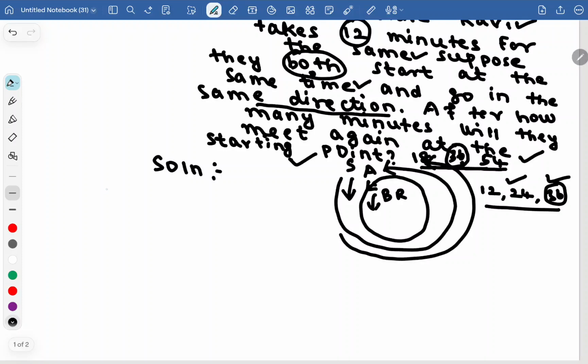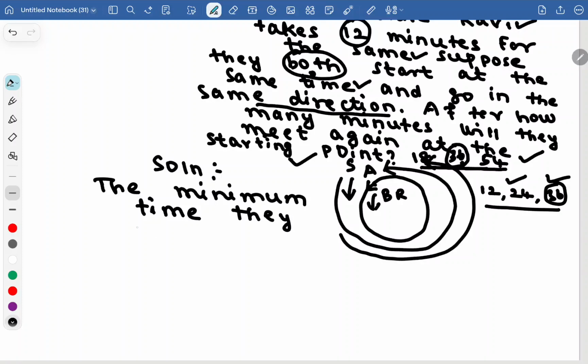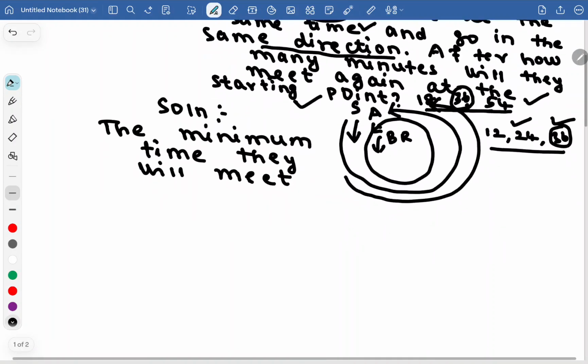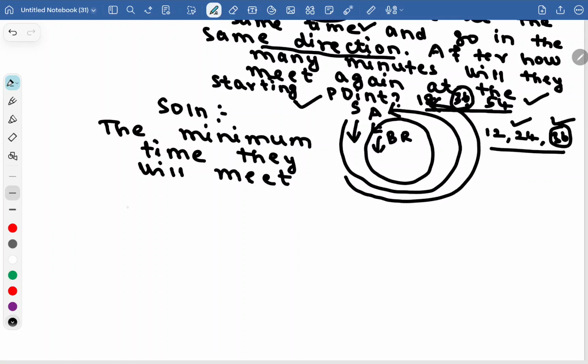Solution: the minimum time they will meet is the LCM. Why LCM?